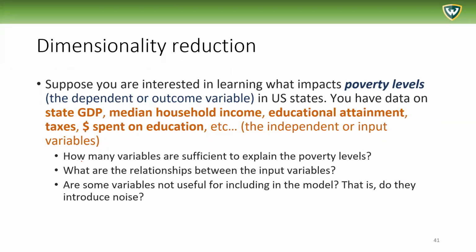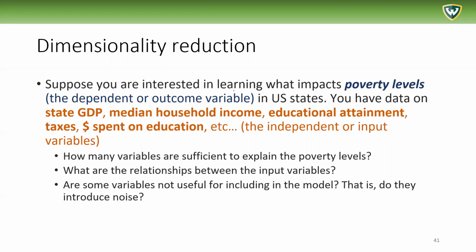But maybe you are asking yourself, how many variables really are sufficient to explain the poverty levels? And what are the relationships between the input variables? Sometimes when we're creating a model, as we're going to see later in the semester when we're talking about regression, you want your independent variables, your input variables, to not be correlated to each other, because that screws up your estimation of the dependent variable.